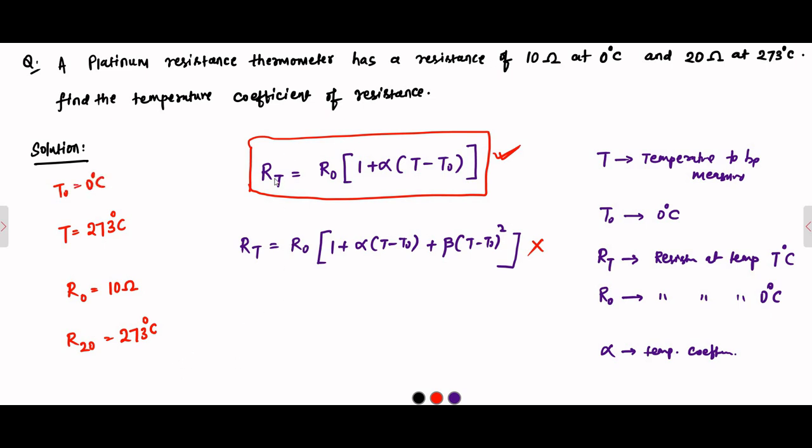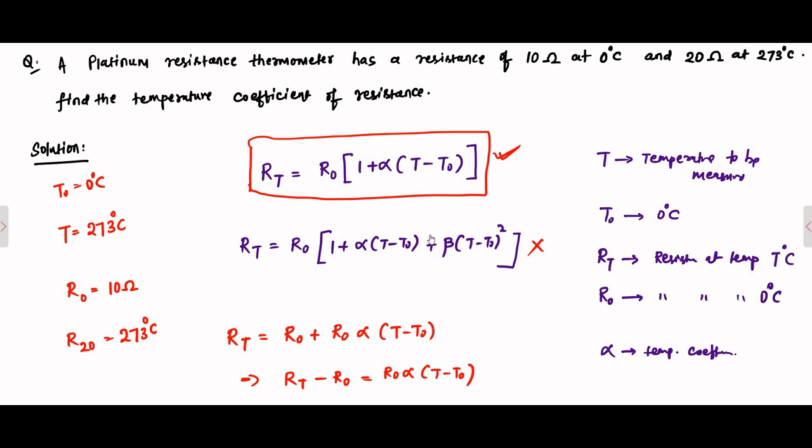If we use this equation and simplify it, it becomes RT is equal to R0 plus R0 alpha into T minus T0. That implies RT minus R0 is equal to R0 alpha into T minus T0.